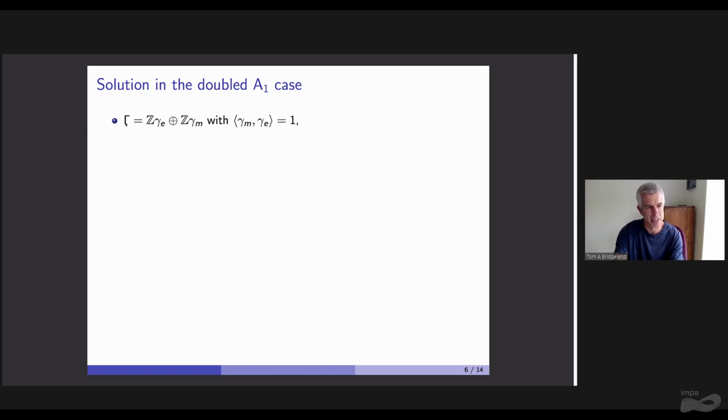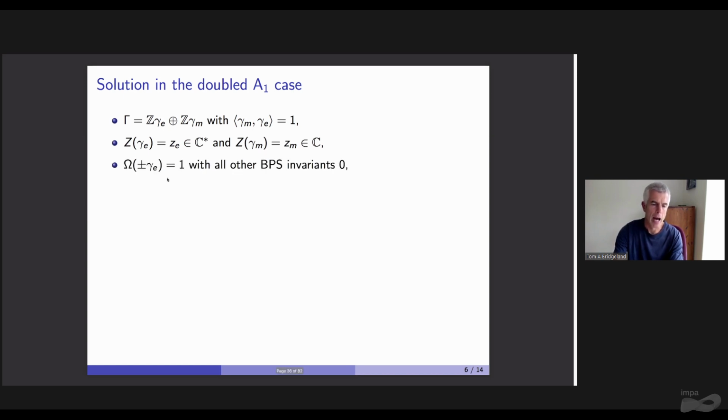So anyway, the result is that you take a two-dimensional lattice, and physicists would label these as electric and magnetic charges. Here's the pairing. You take some central charges for these things, so you have to specify the central charge of gamma E and gamma M. And the only BPS invariants are plus or minus gamma E. These are 1, and all the other BPS invariants are 0.